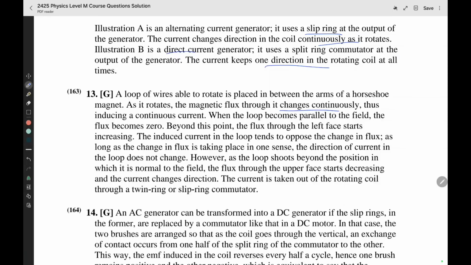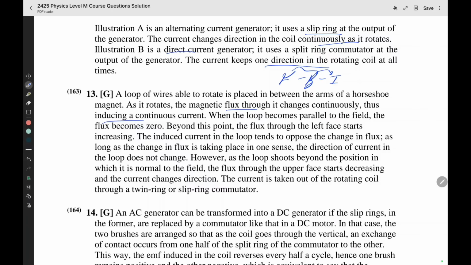Remember, our generators all come from the rule that the change of flux gives me the current. We're generating current. As it rotates, the magnetic flux through it changes continuously, thus inducing a continuous current. So change the magnetic flux means we have induced current.